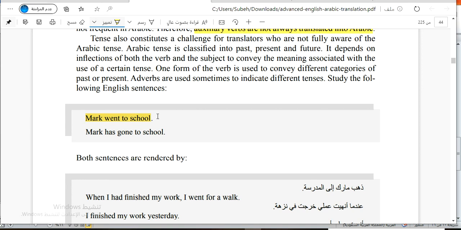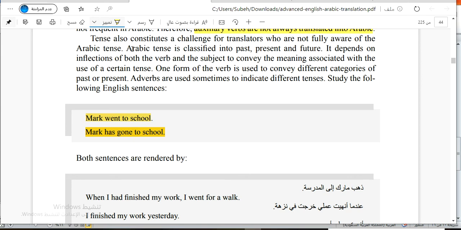This is past simple, this is present perfect with the main verb and auxiliary verb has. Now if I want to translate both sentences into Arabic, I'll have one translation. ذهب مارك إلى المدرسة. So here we notice that the present perfect tense is translated the same as the past simple.